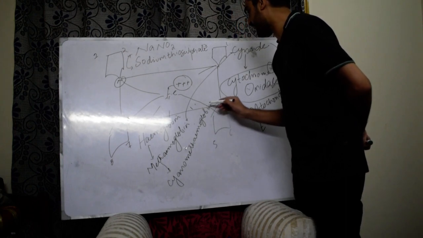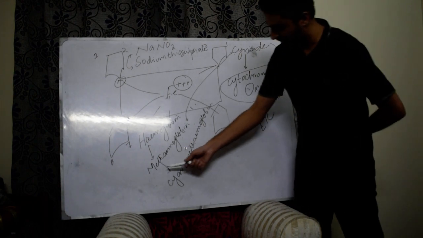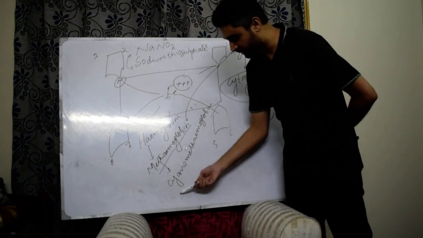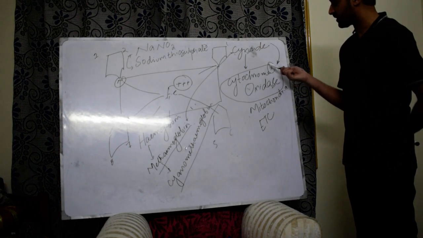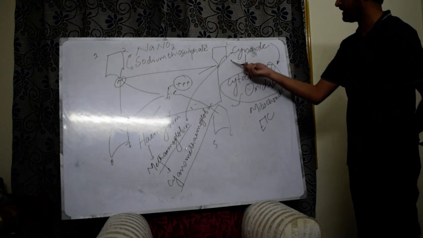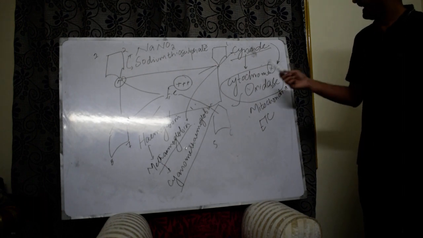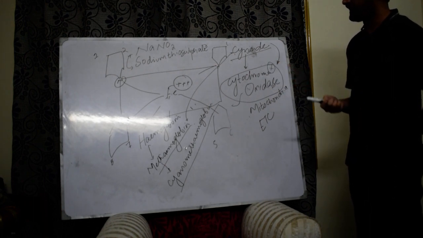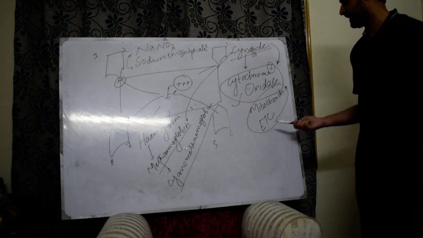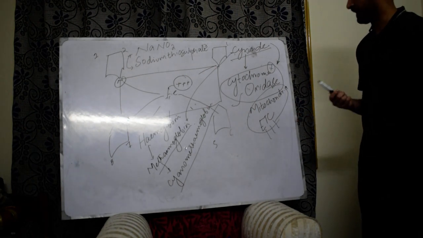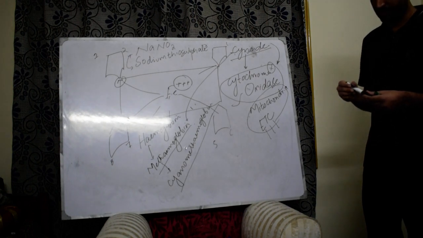So this cyanide is going and attaching itself with the methemoglobin, and you get cyanomethemoglobin. As a result, this cytochrome oxidase will not be under the effect of cyanide poisoning, so this mitochondria and electron transport chain will be effective and will perform its action.